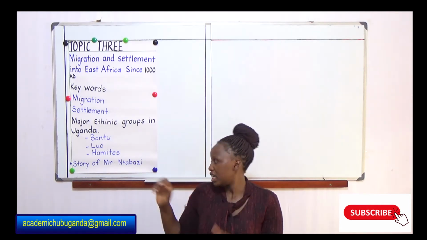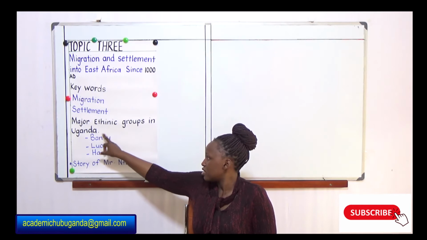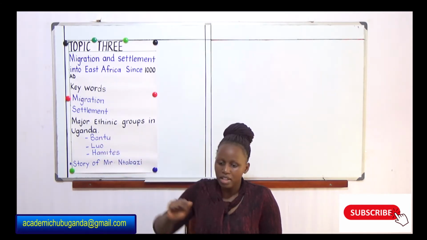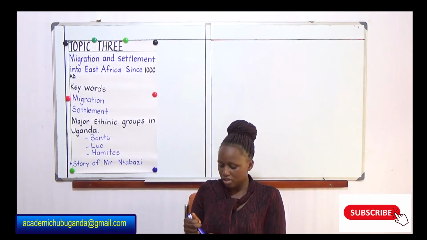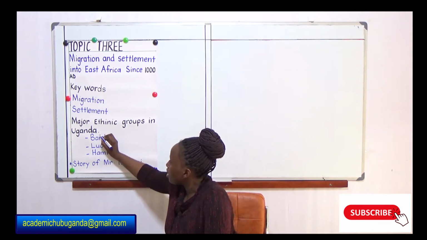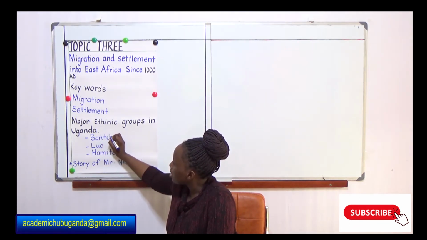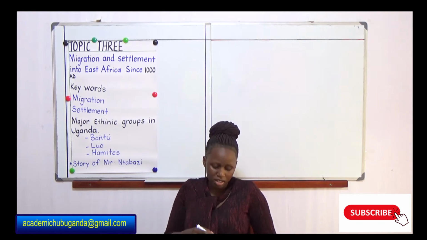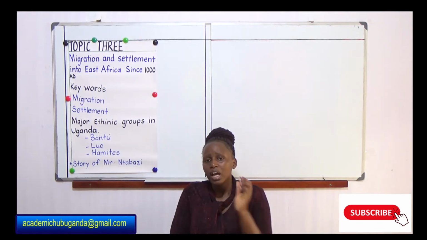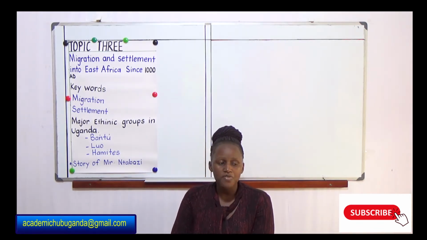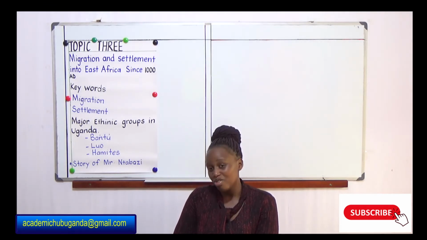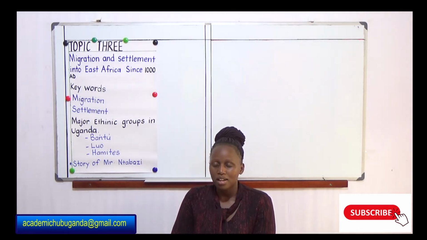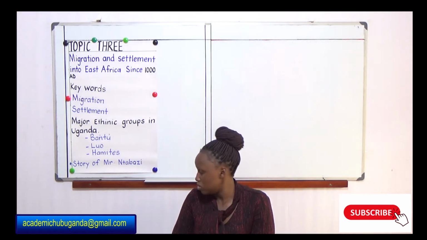You know that word, the last word here, "ntu". They always have words ending with "ntu", and that's why they're called the Bantu. Examples of the Bantu are the Baganda, the Banyoro, the Bachiga, the Bahima. There are many groups of the Bantu.